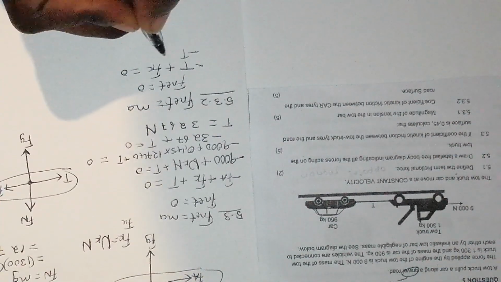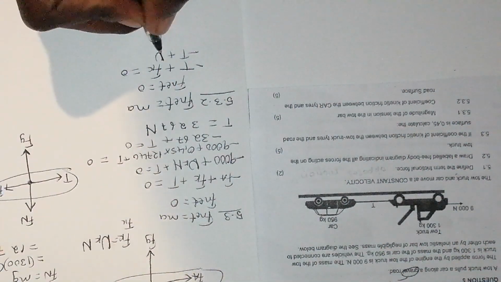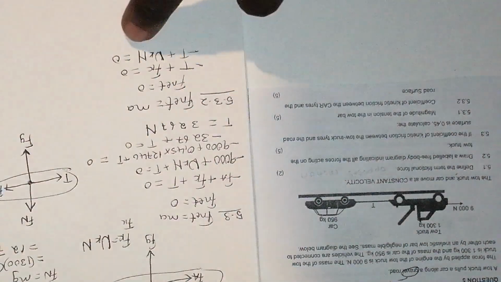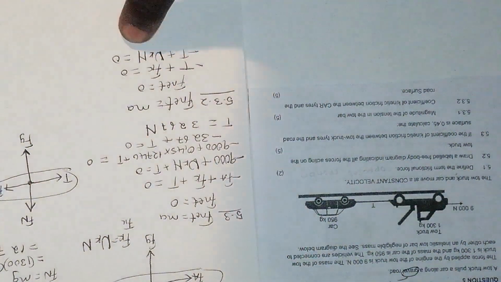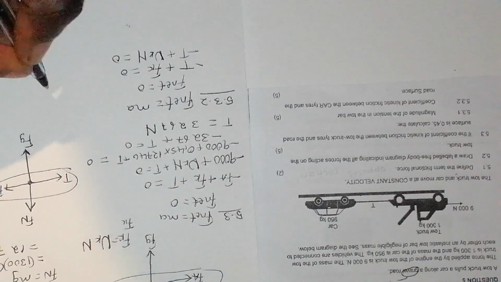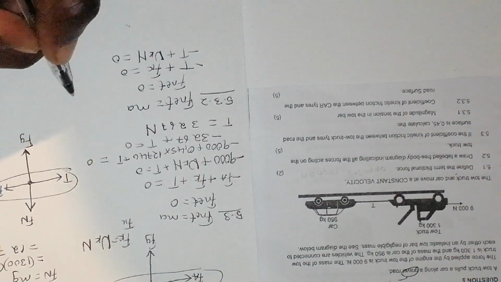So we're going to have negative T plus mu k N equals 0. Now we do not have the value of N. It will be easy for us to solve for mu k if we had the value of N, meaning that you have to calculate it first. Show everything in your calculations.